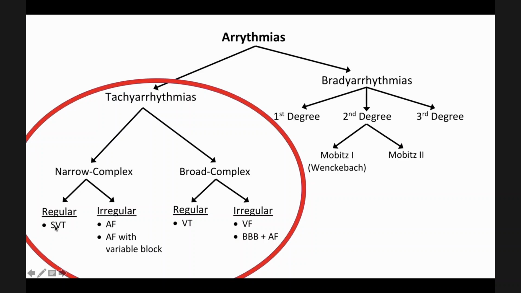That is supraventricular tachycardia. There are again 2 types that you know, the AV nodal reentrant tachycardia, AV reentrant tachycardia, like there are several types, and these are supraventricular. Because they are supraventricular, they are narrow complex.